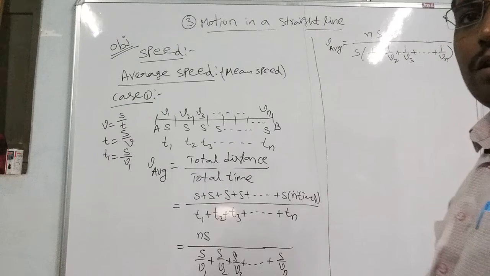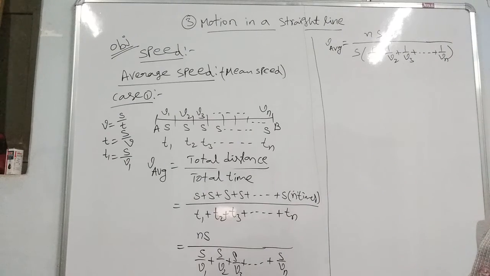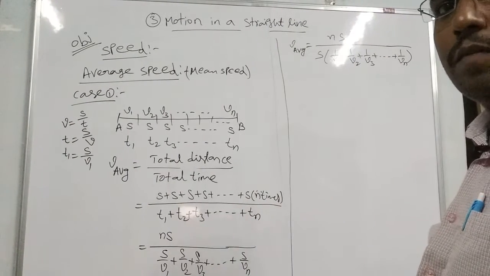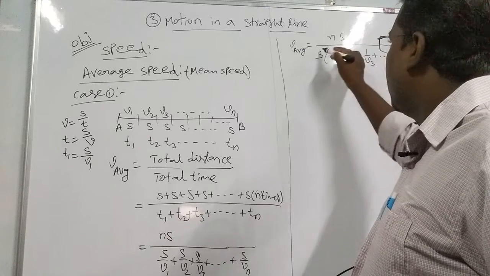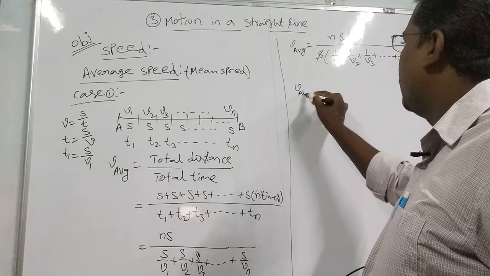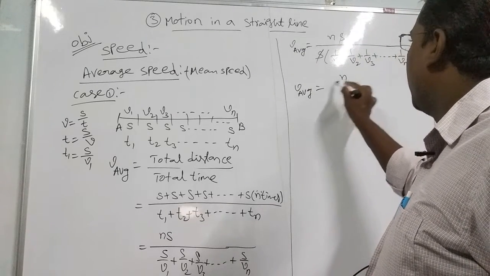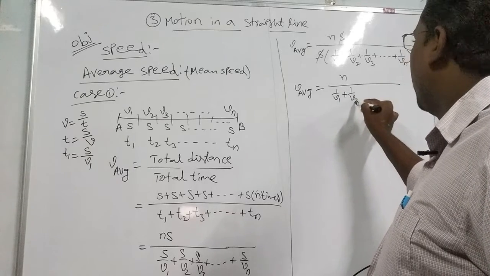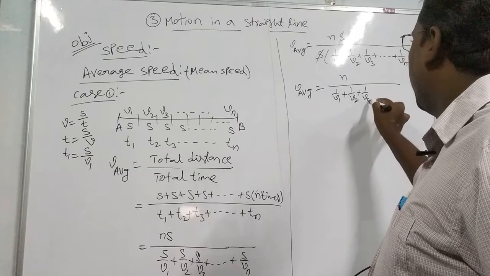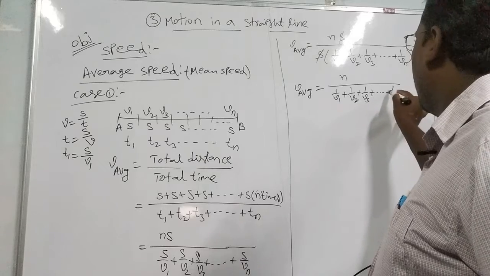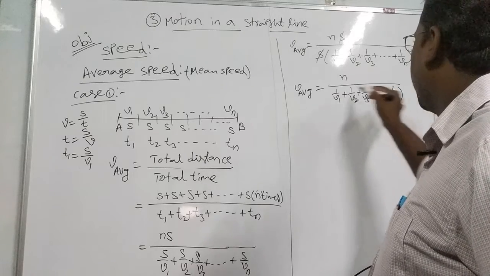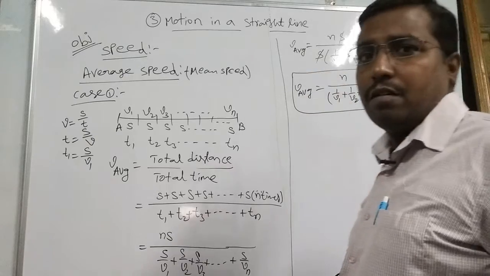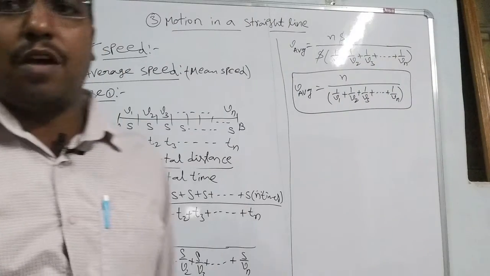Now this s and s both get cancelled. So V average equals n by (1 by v1 plus 1 by v2 plus 1 by v3 plus and so on plus 1 by vn). This is the average speed or mean speed formula.